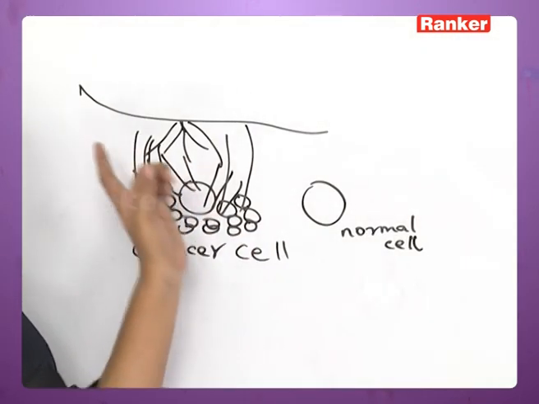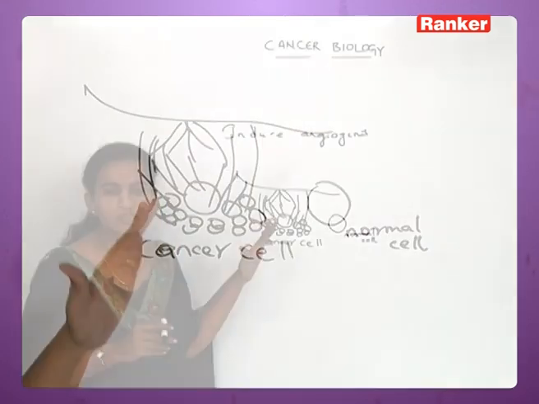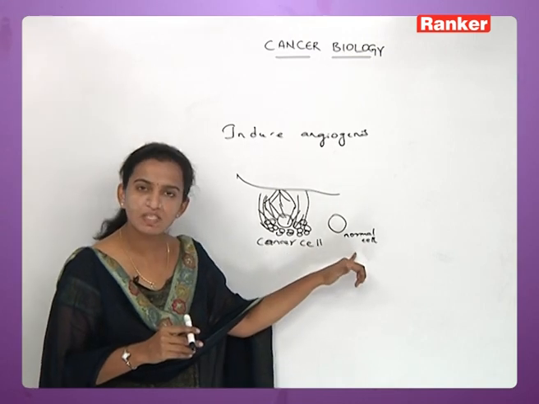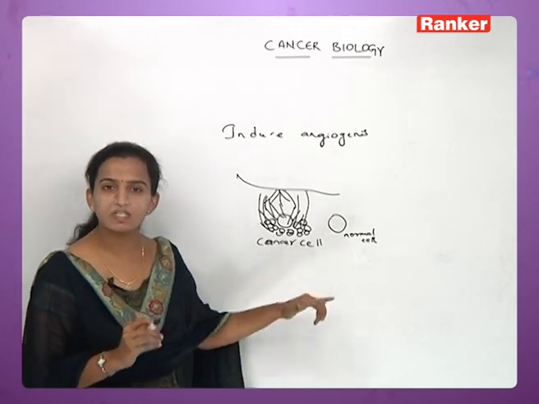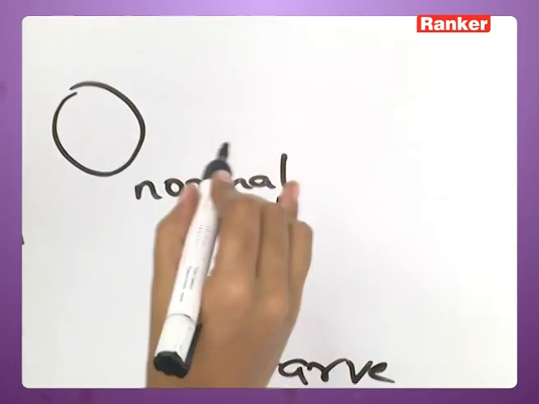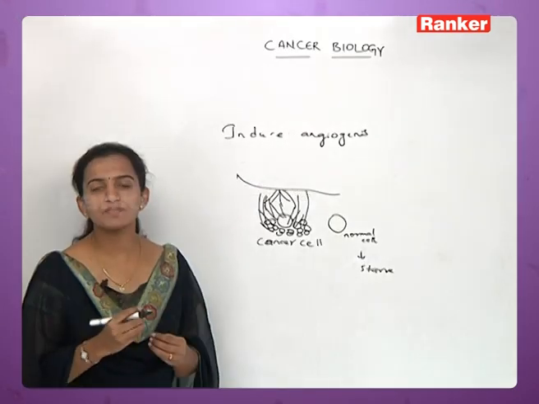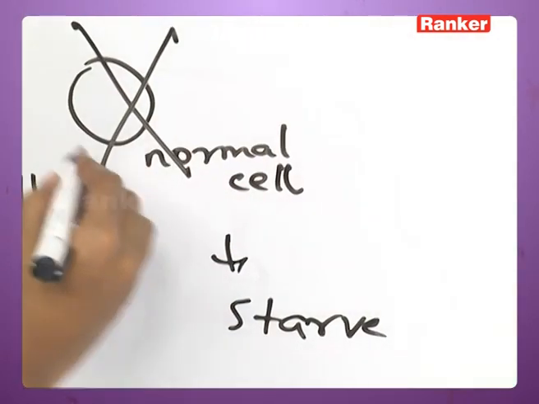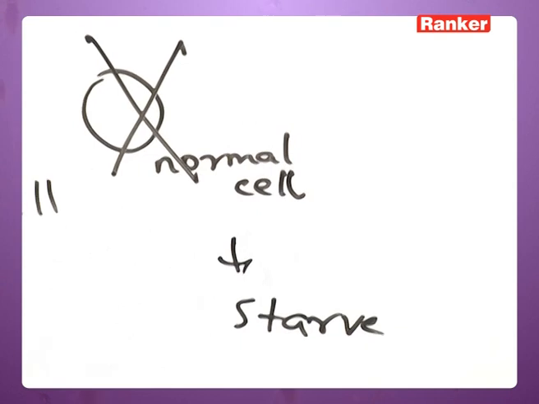Why? Because there is one vessel going out there and the capillaries are completely entering into the cancer cell. Now whatever normal cell is present beside it needs to starve, nothing but starve. If it starves, one day it's going to die. So this is what is actually happening there.